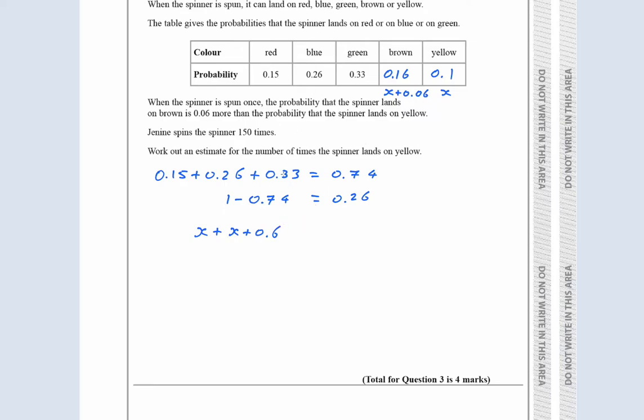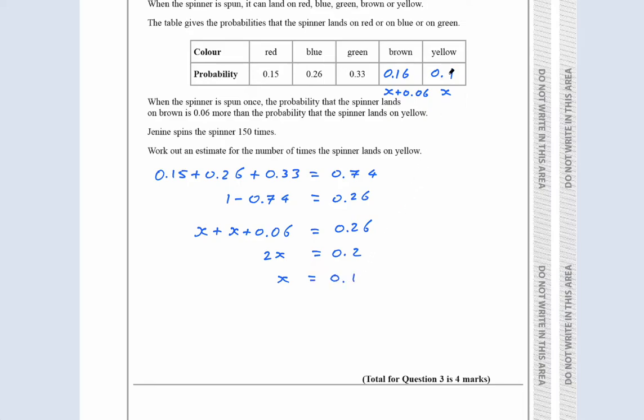So these two together have to equal 0.26. So 2x, x plus x is 2x, equals 0.2, because I'm subtracting 0.06, and x equals 0.1. So there's my 0.1, there's my 0.16.